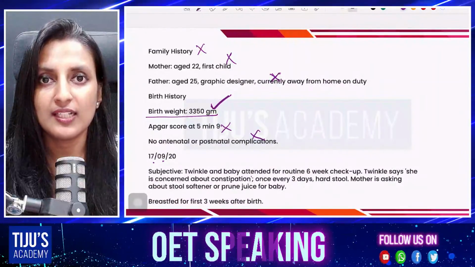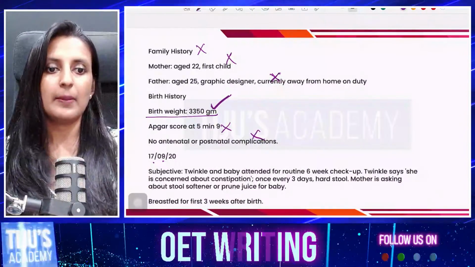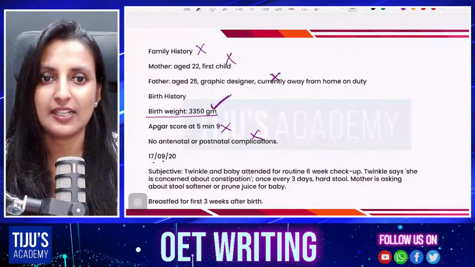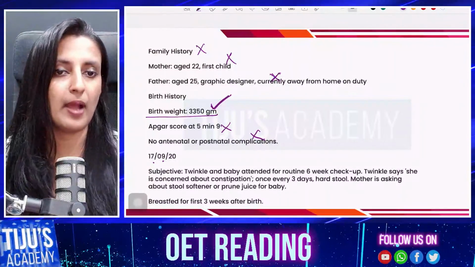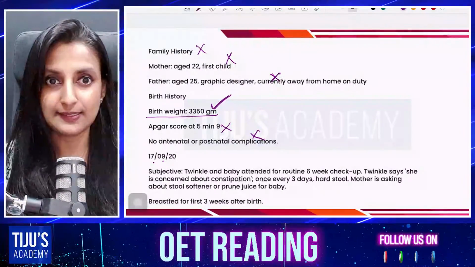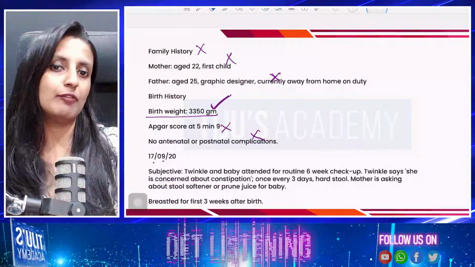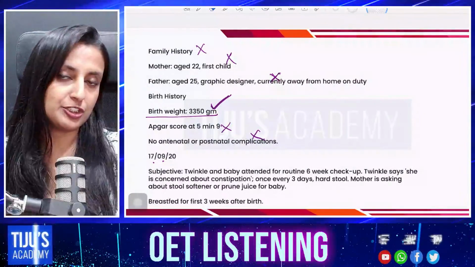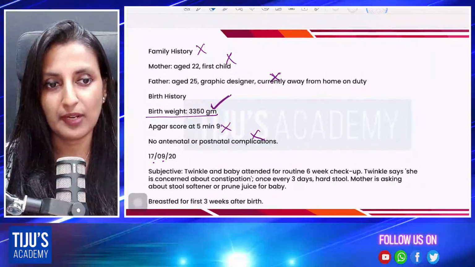Now let's look at this information. Breastfed for first 3 weeks after birth. So after birth, baby was breastfed for first 3 weeks. Is it present information or past information? Today they just came for a checkup, and it's mentioned that baby was breastfed for first 3 weeks.